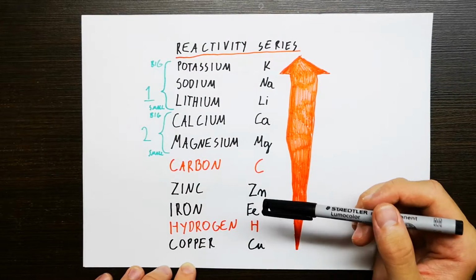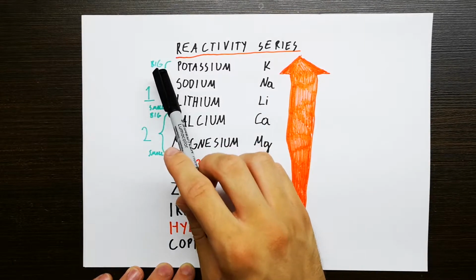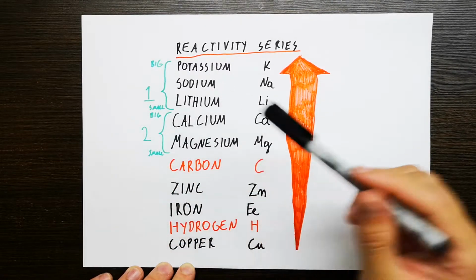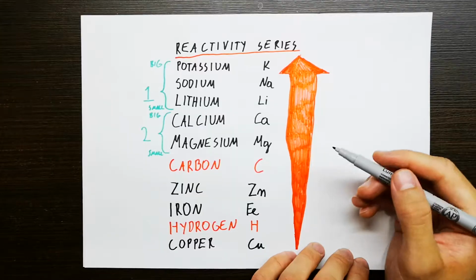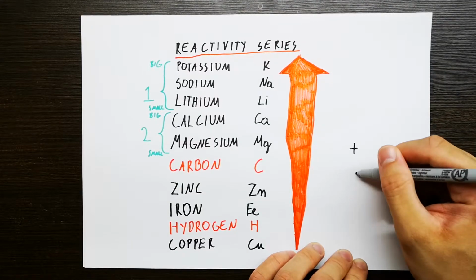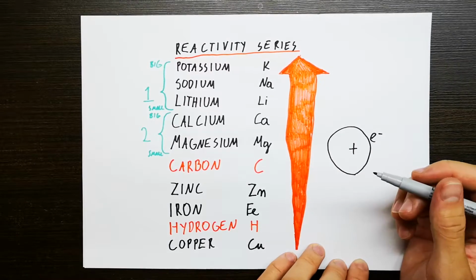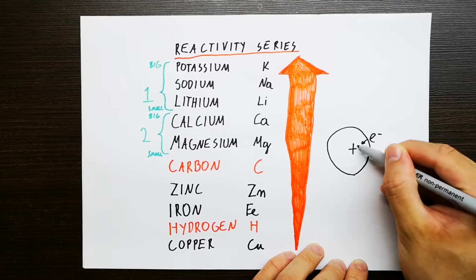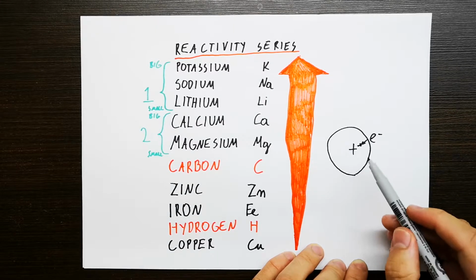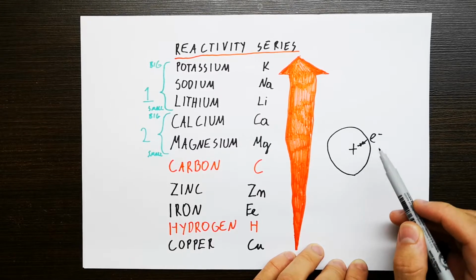And why is that? Well, because the bigger elements tend to have more electron shells. Now, if we have a nucleus, the nucleus is positive, and then we have an electron, which is negative. So, the positive nucleus attracts the electron. However, distance is important. The closer they are together, the more they attract each other.